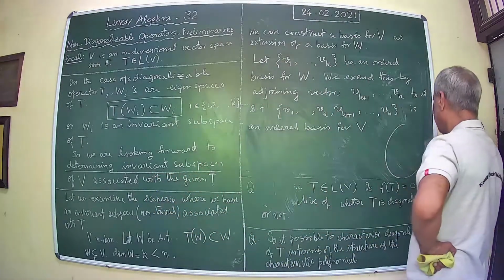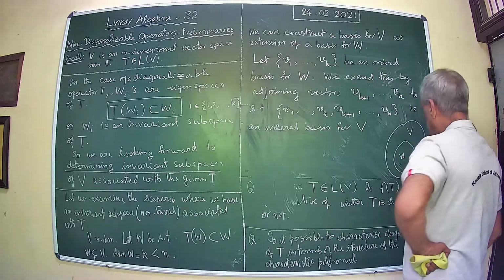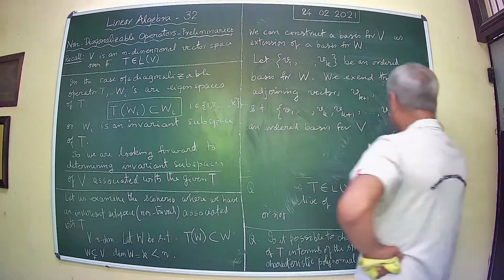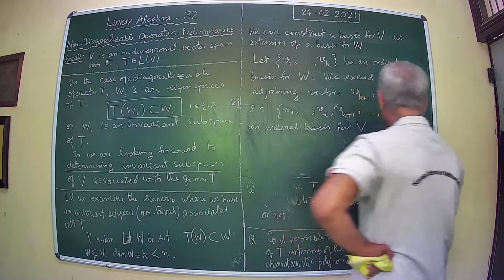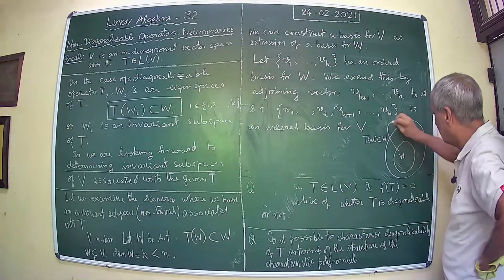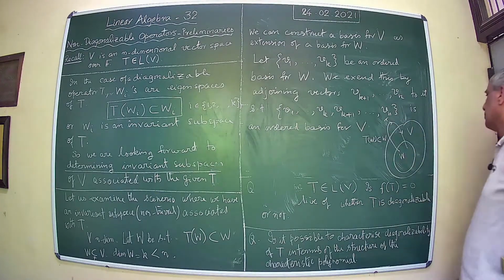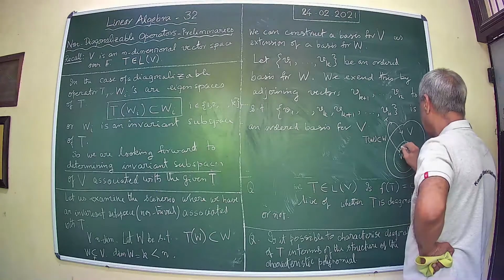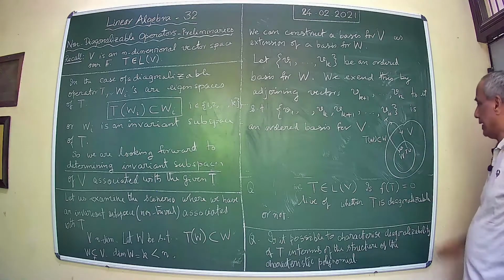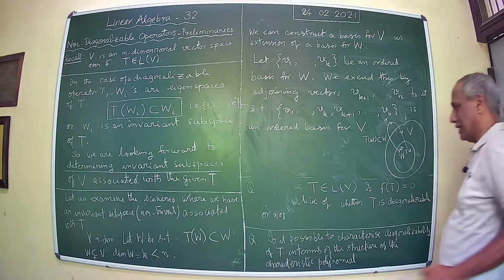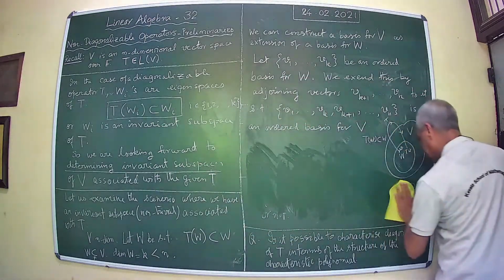So this is what we have. This is V, this is W. The property that T has is that T maps every vector in W into itself. Whereas you do not know what happens to the rest of the space. But for all vectors of W, we know that this is true.